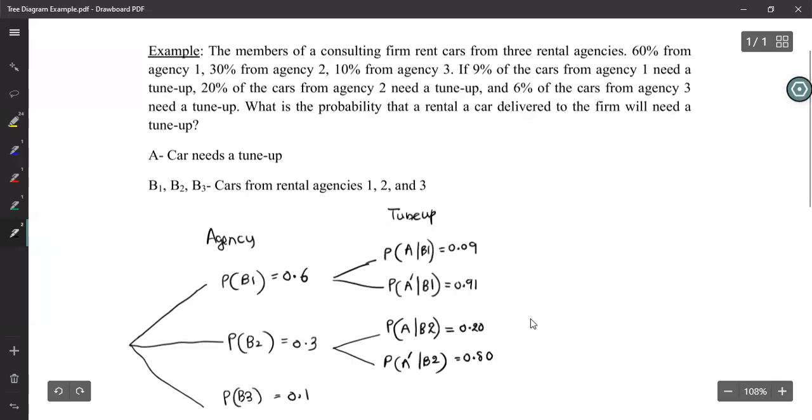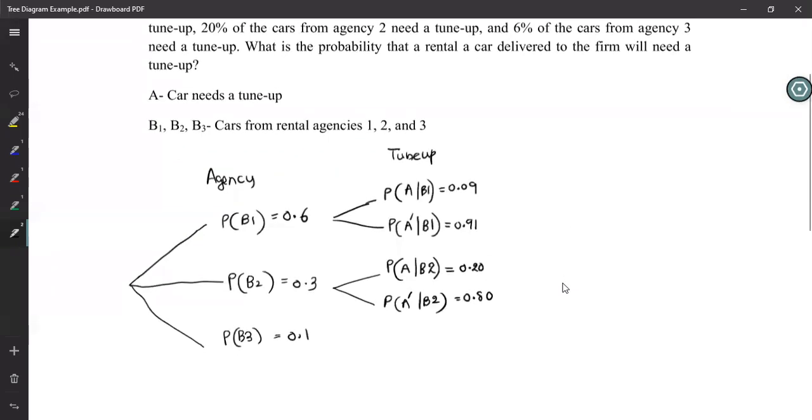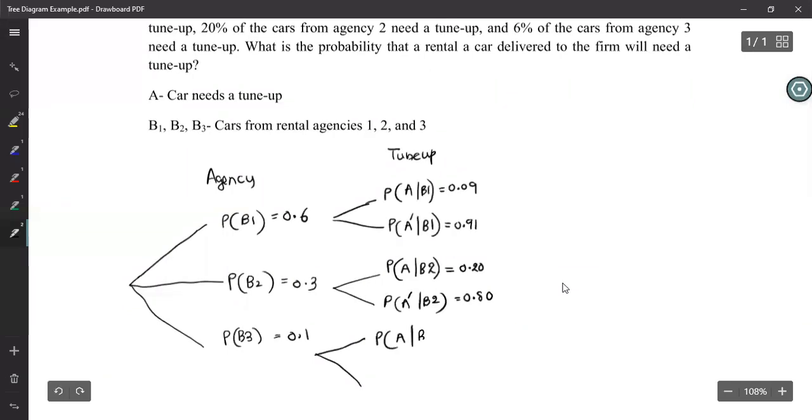In the last agency, 6% of the cars from agency 3 need tune-up. So the last one, probability of needing a tune-up given that the car was from the third agency, that is 6%. So what is no need to tune-up? The rest. 1 minus 0.06 is 0.94. Okay.